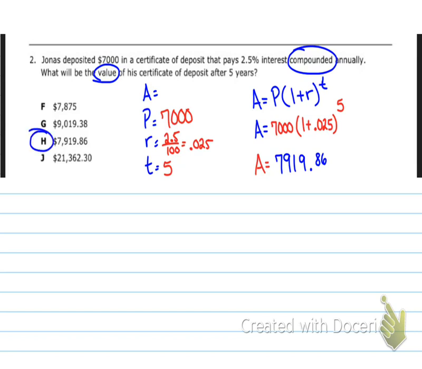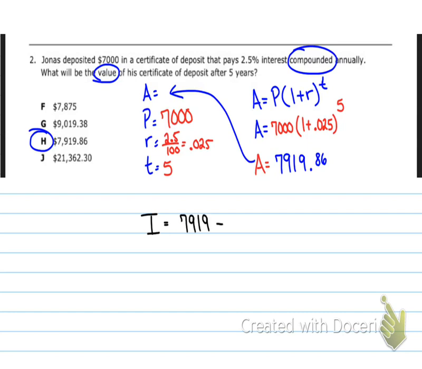But I wanted to go double check because it has happened before where instead of asking what's the value, they could ask what is the interest. Now, if I ask you for interest, that changes the problem. I have the amount, I don't have the interest. It's really easy to find the interest though from a compounded formula.